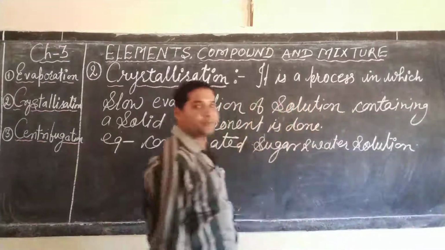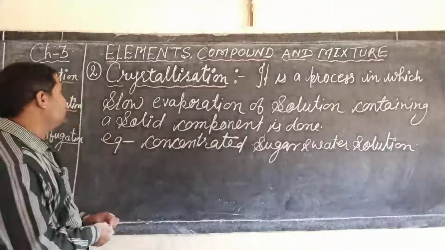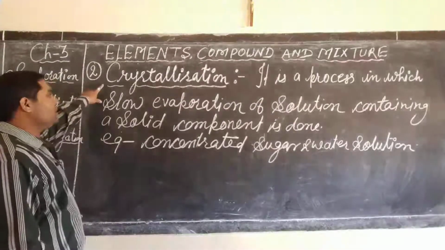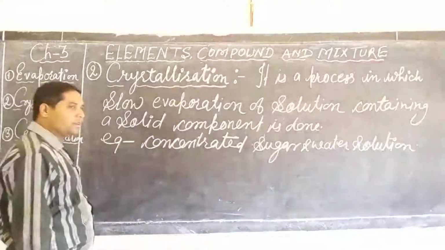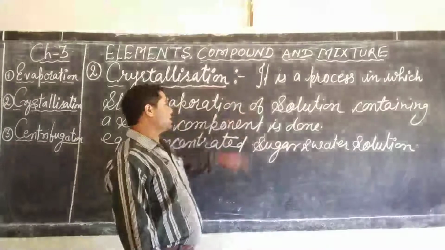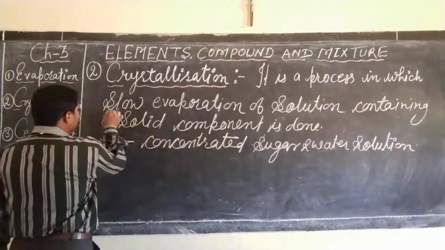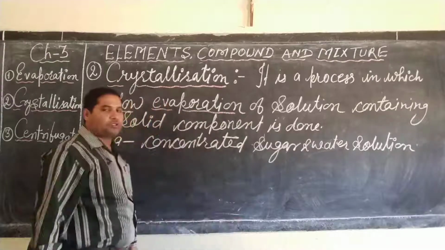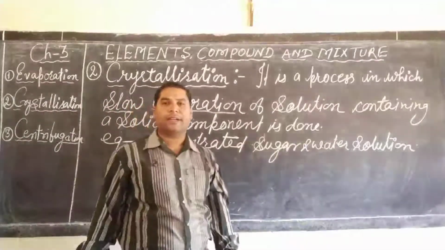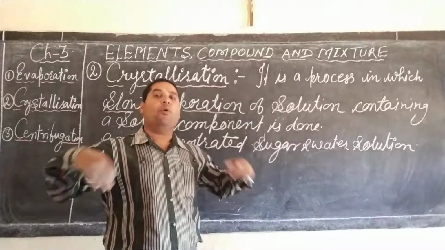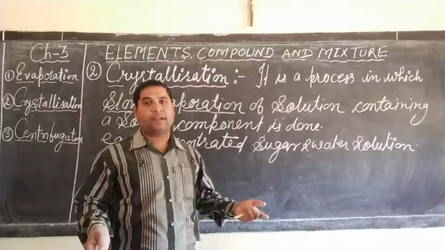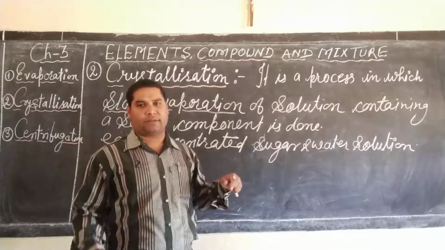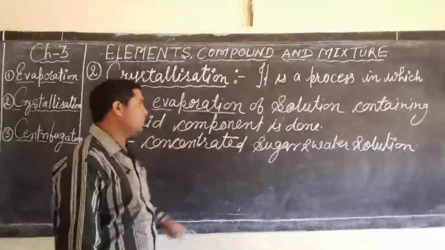So dear student, let us understand what you mean by crystallization. Crystallization is the process in which slow evaporation of the solution containing more solute and less solvent is done.